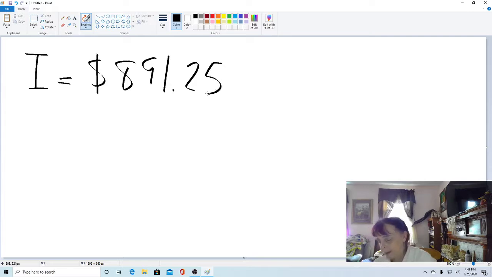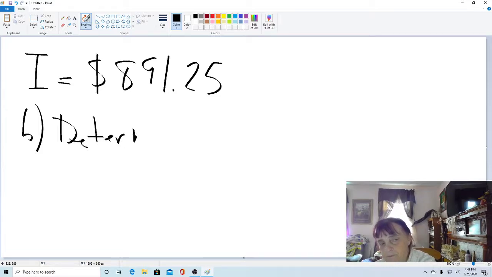and you'll get the interest is $891.25. And part B asks you to determine the total amount owed on the loan.